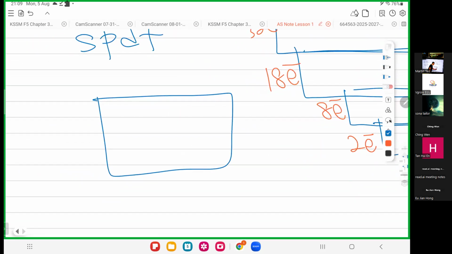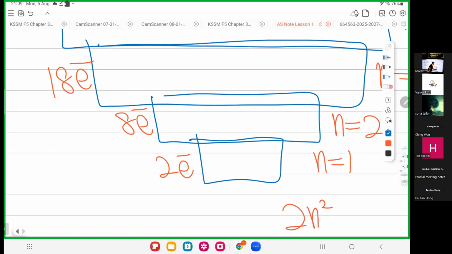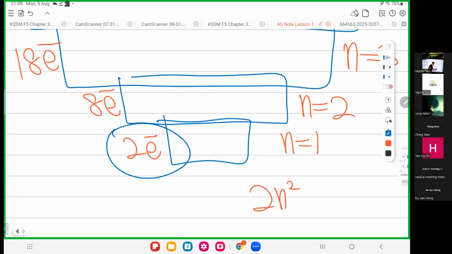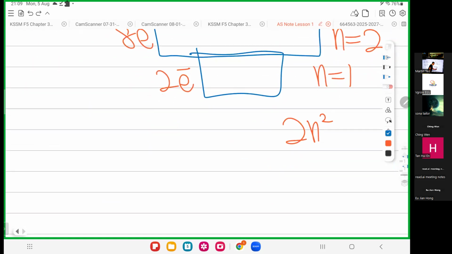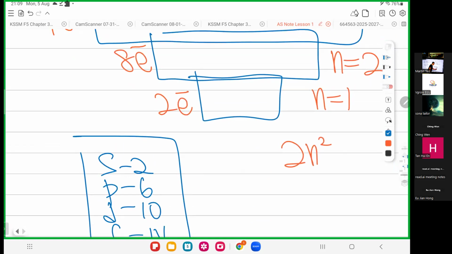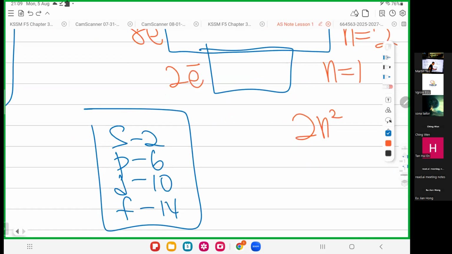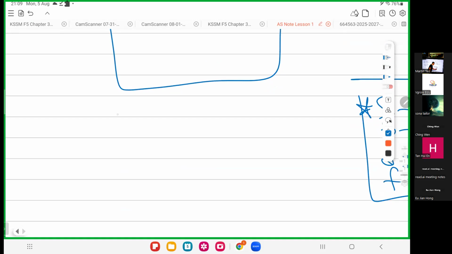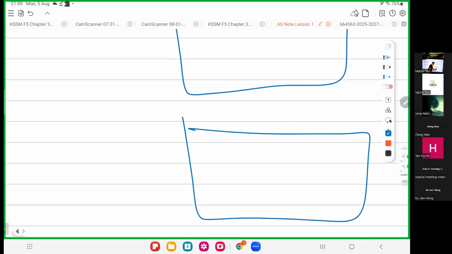The first shell can only put 2 electrons. So what sizes can you cut into? Remember, S can put 2 electrons, P can put 6, D can put 10, F can put 14, plus 4 each time. Imagine you have a cake and you want to cut it into 4 different sizes.